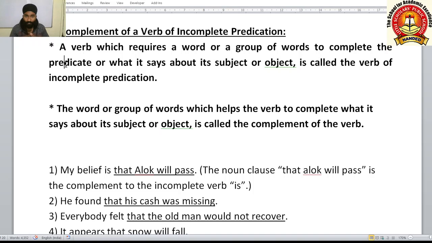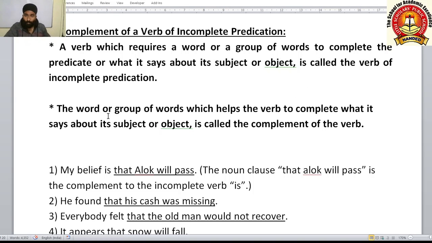The verb which requires something, a group of words, is a verb of incomplete predication. And whenever a noun clause fulfills the requirement of such a verb, the noun clause is acting as complement.